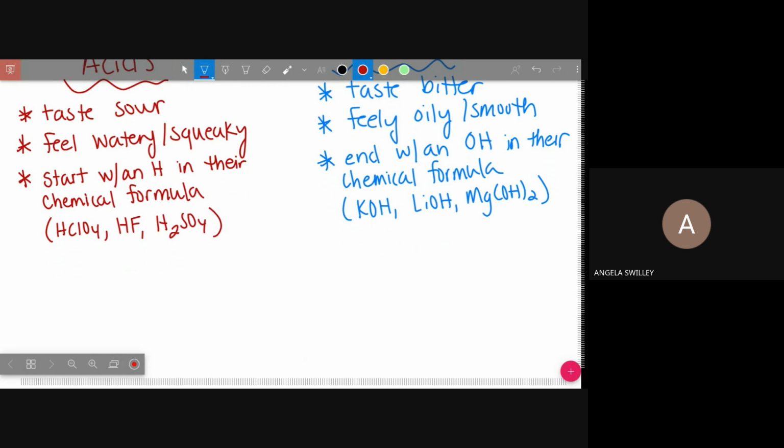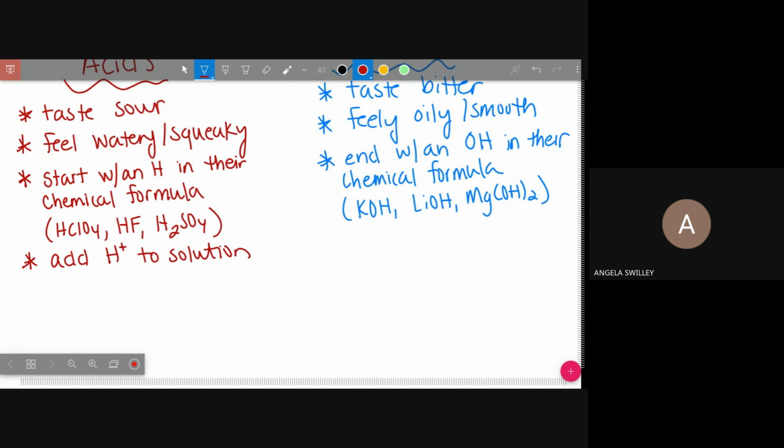Now, strong acids and strong bases fall apart when they're in solution, which I'm going to tell you about in just a second. We're going to write that down. When they fall apart, the acids have their H's come off, and the bases have their OHs come off. So since the H's fall off, we say that acids add hydrogen ions to solution.